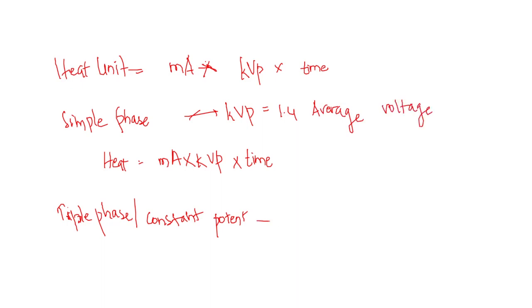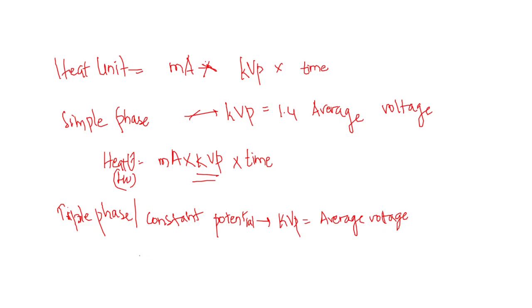Whereas in triple phase or constant potential generator, kilovoltage peak is equal to average voltage. In single phase generator, we will get the kilovoltage peak. So as a result, HU is equal to milliamperes into kVp into time.